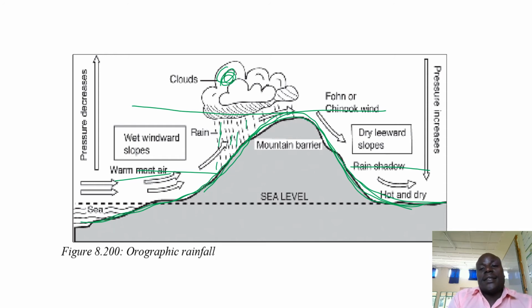And since they are descending, they will never reach condensation level. Therefore, this leeward side remains dry because it experiences dry winds. And where they blow to, they are likely to cause desert conditions.